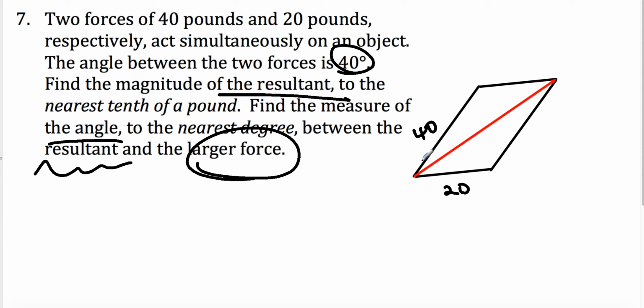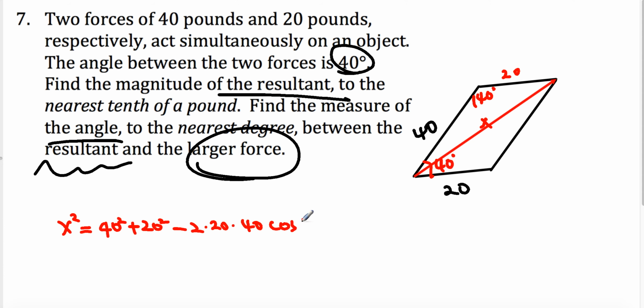Since the angle between the two forces is 40, that means this one must be 140. And this is equal to 20, and then the resultant is x. So here we get, once again, x squared is equal to 40 squared plus 20 squared minus 2 times 20 times 40 times cosine of 140.